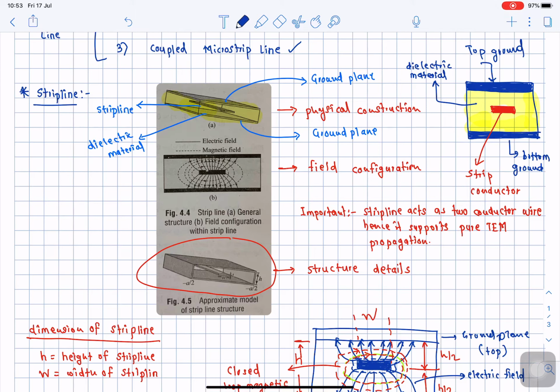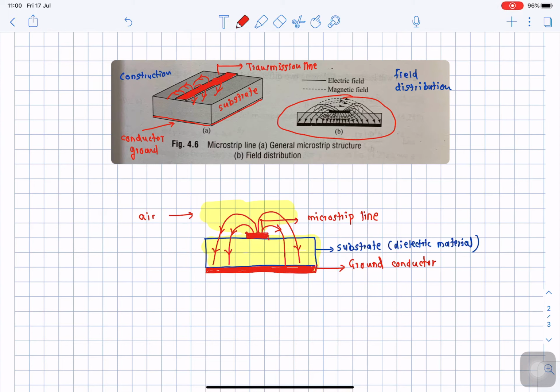Now please remember, some of the signal propagation is taking place in the air also. So here the surrounding over here, please remember this surrounding is the air which is on the top. Okay, so actually this is an air material. Now please remember, air is also one type of dielectric material. So the electric field lines from the transmission line, they are getting extended into the air, and the air is itself acting as a separate dielectric material.